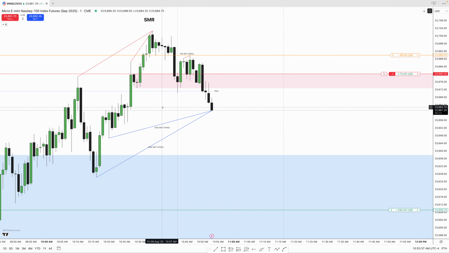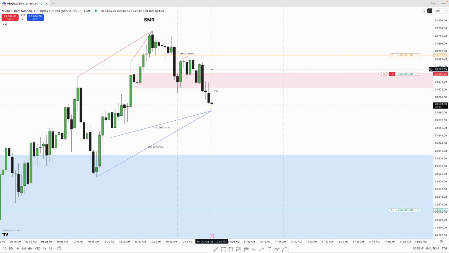And these are YM as well. Like I don't care that much about the YM SMT. What I really want though is an SMT on ES relative to NQ.